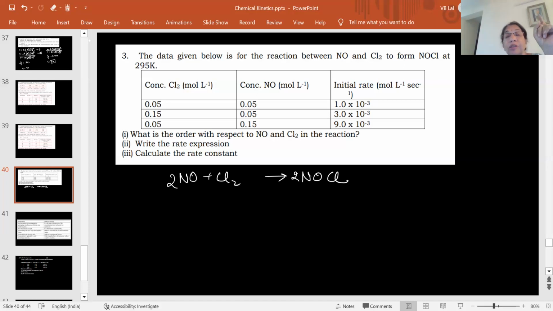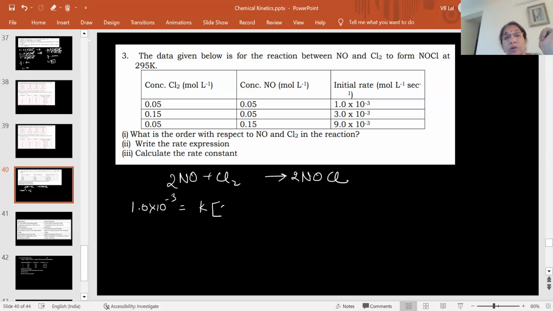So the first equation is, concentration of chlorine and NO is given, right? So the first equation is, our first one is 1.0 into 10 raised to minus 3 is equal to K into concentration of NO, and Cl2.